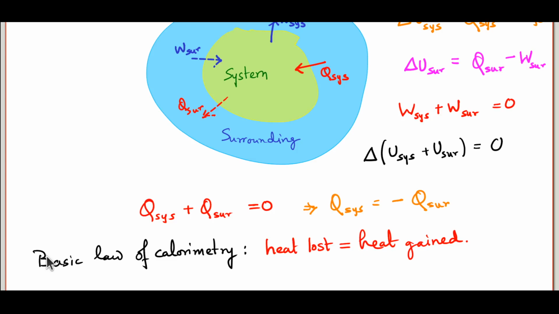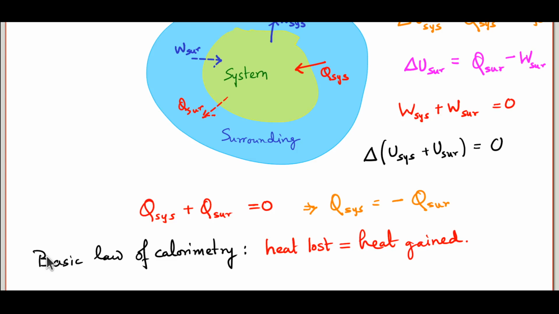We are going to talk a lot more about heat capacity later, but basically the real reason why this is so useful is maybe the surroundings has some easily measurable parameter which will tell us how much heat it is either gaining or losing. And by using that, you can easily figure out how much heat a system which is in contact with that is gaining or losing.